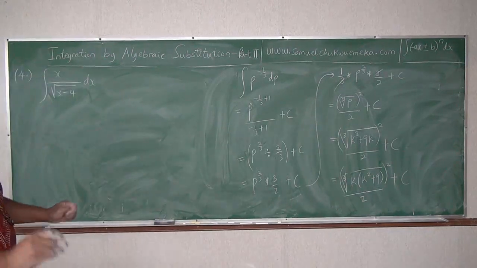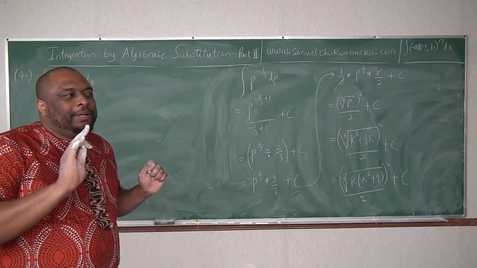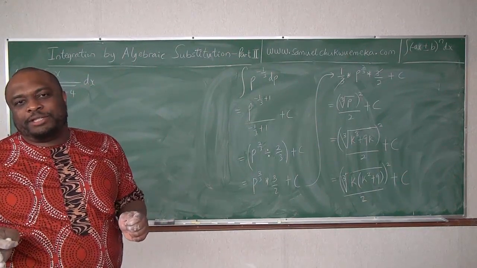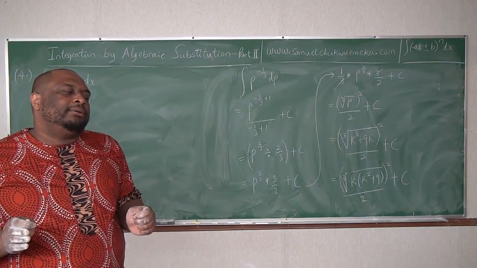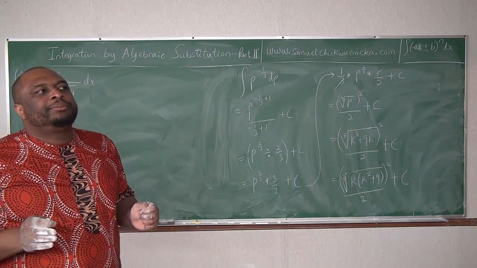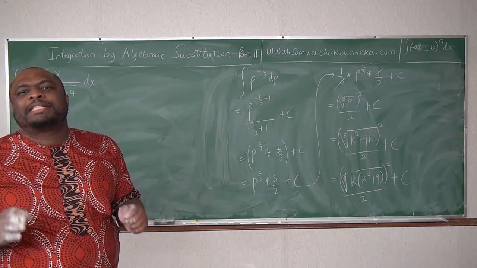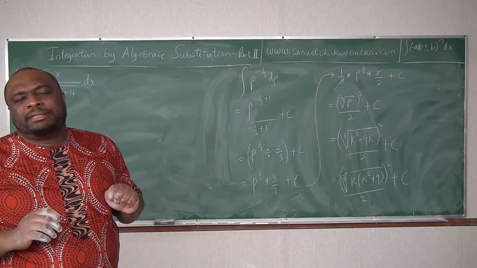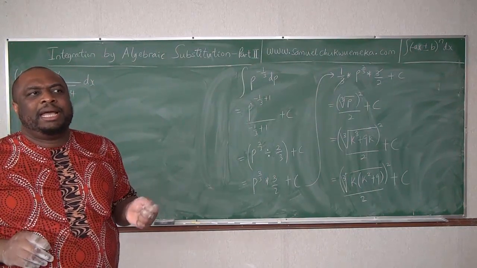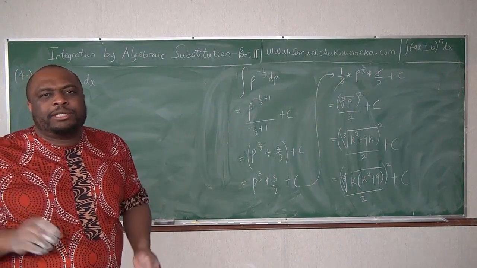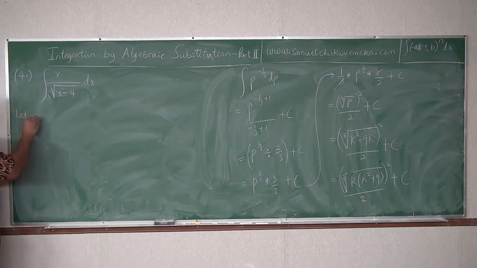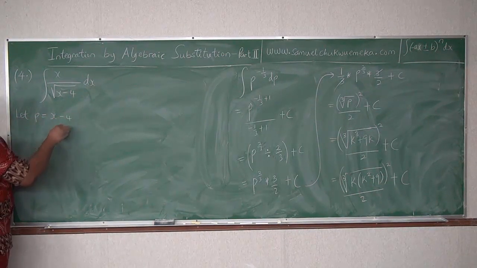In this case, I would advise you to use the substitution x minus 4 in the radicand rather than just x. Rather than using x, use x minus 4. So we say let p be x minus 4.